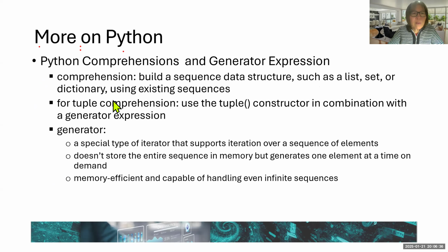The next part is a very concise style of coding, and I strongly recommend you take advantage of this. Python comprehensions and generator expressions. So what is a comprehension? It builds a sequence from an existing sequence.